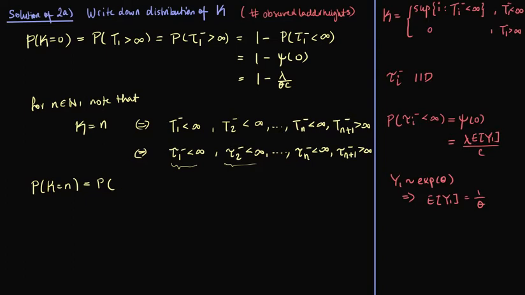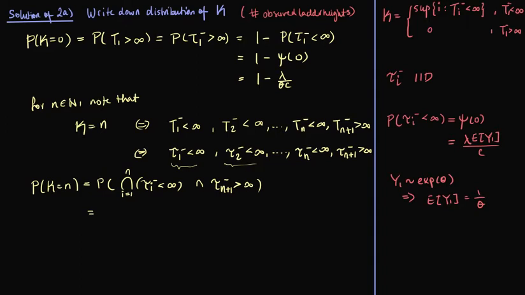So that's the probability of the intersection of the events that the ith inter-ladder time is finite for i going from 1 to n, and that the n plus first inter-ladder time is infinite.